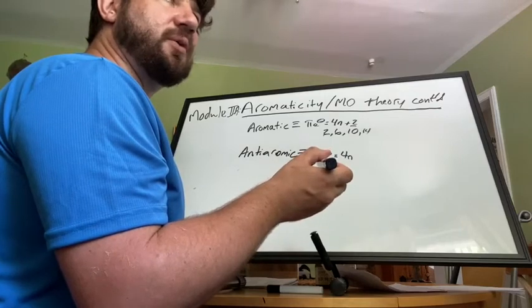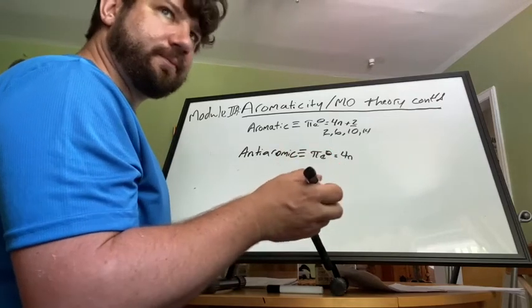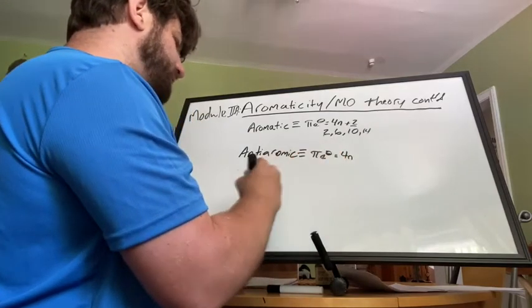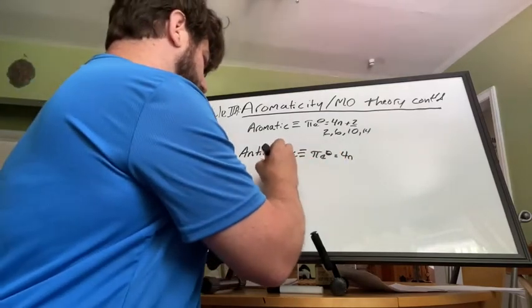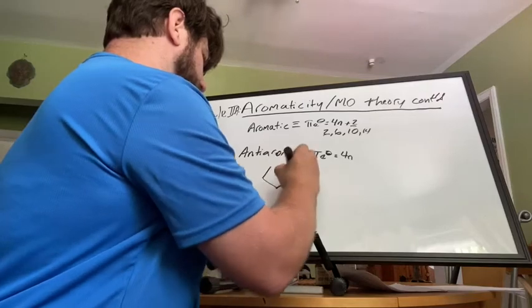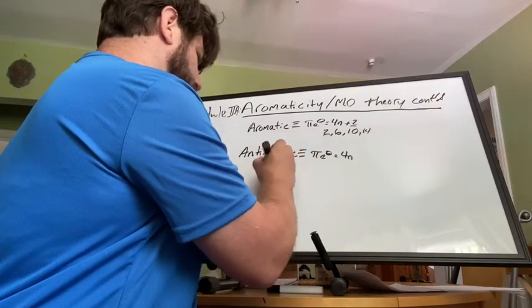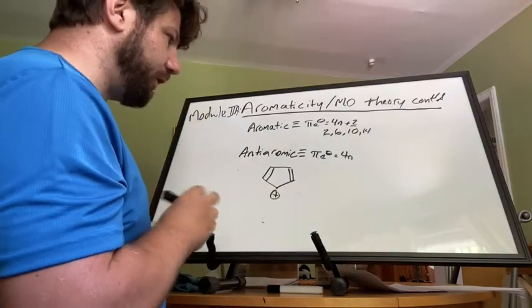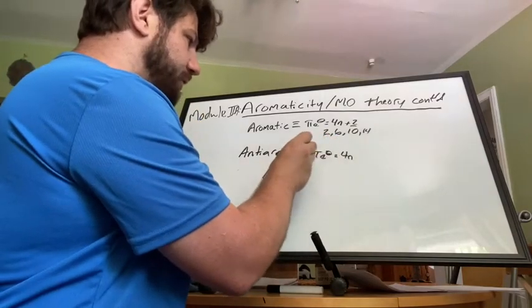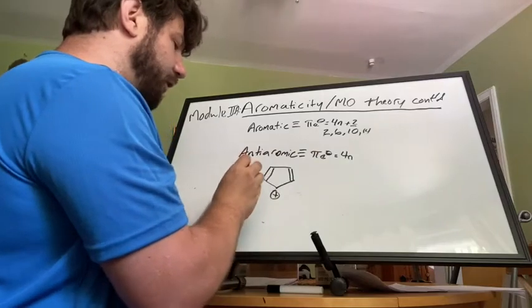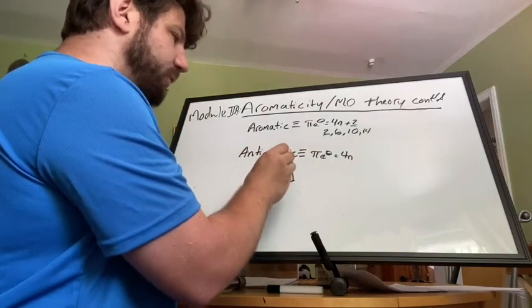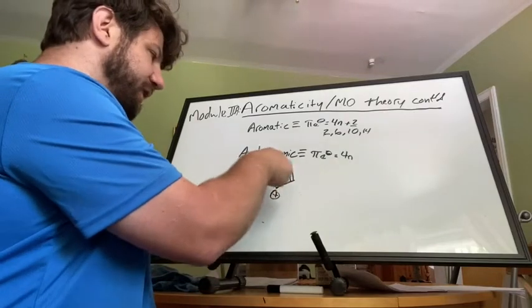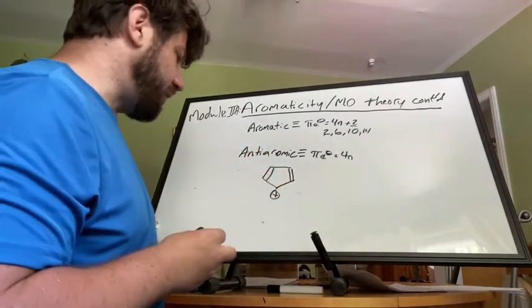It's just going to be 4n. Okay. So in other words, that would put this particular ion that I just referred to earlier as anti-aromatic. Because you have 1, 2, 3, 4 pi electrons about this particular structure.